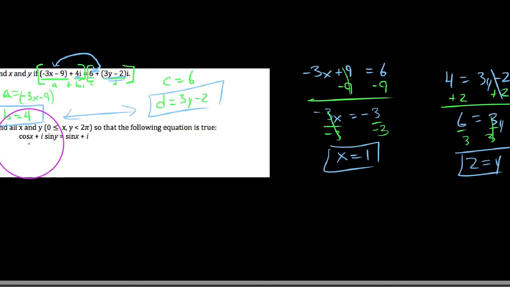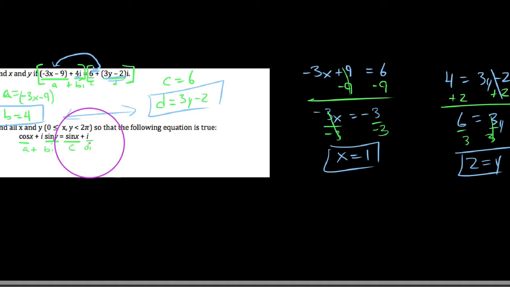The interesting thing is I need us to recognize right off the bat we have a plus bi. A plus bi on the left, and then on the right we have our real part, which is c, plus our imaginary part, di.